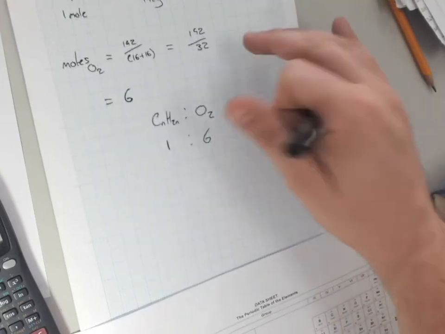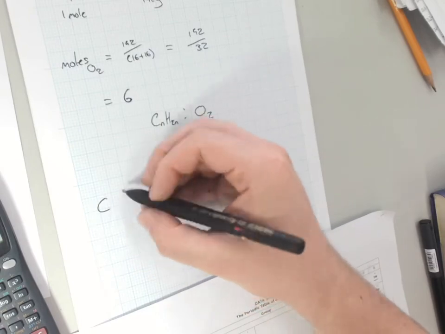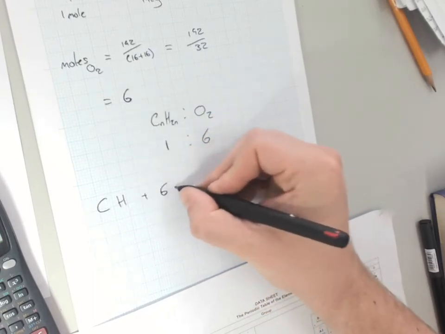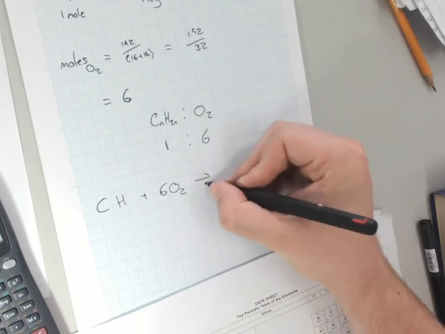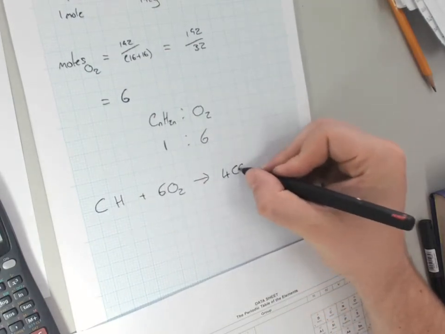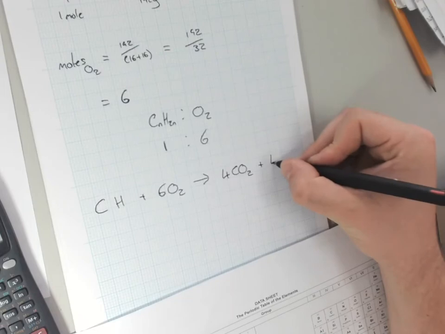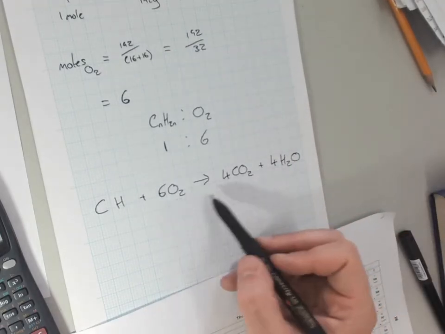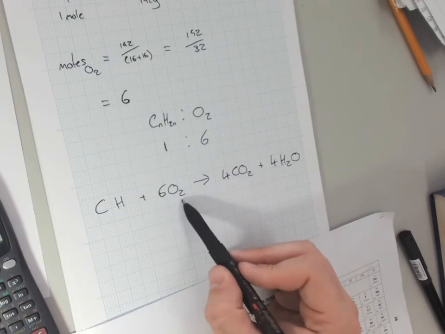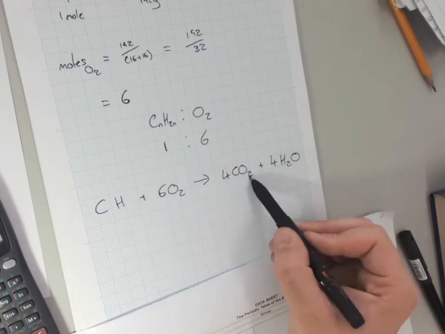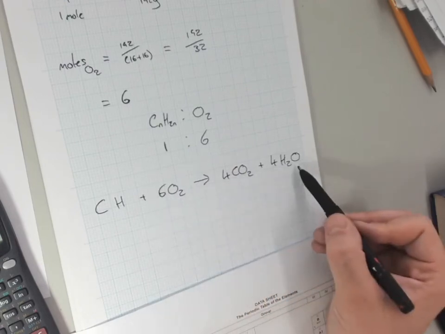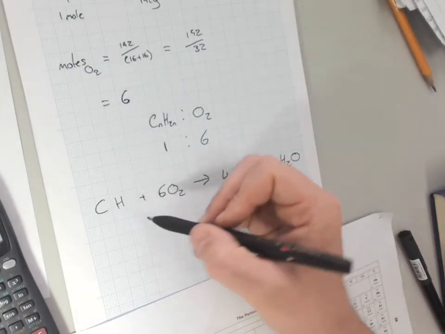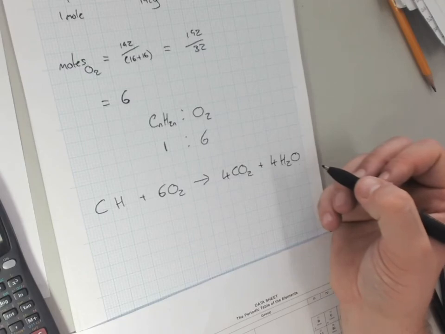So if I rewrite the equation, leaving these blanks, CnH2n plus 6 O2 makes 4 CO2 plus 4 H2O, then my oxygen is balanced. I've got 12 oxygens here, and 4 times 2 is 8, plus 4 is 12.